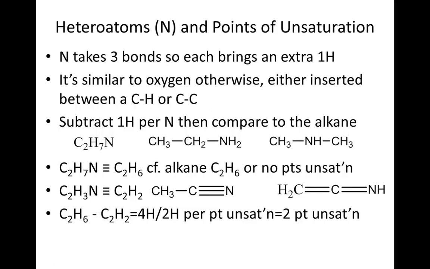And you notice that even though it has a triple bond in there and a nitrogen, we still have that odd number of hydrogens because of the presence of the nitrogen. So this is 2 points of unsaturation. Here's another structure I could draw for that. And if we look at the math, here's the difference, 2 points of unsaturation.